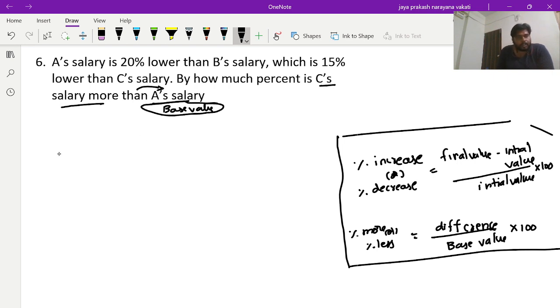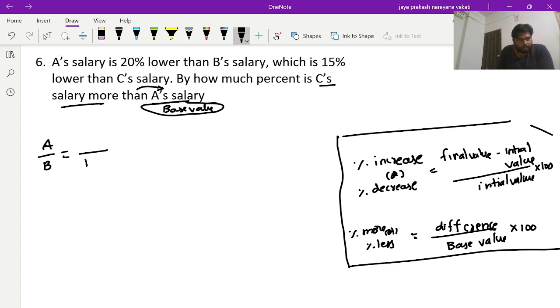A's salary is dependent on B, and B's salary is dependent on C. We can solve this problem in this way. Let's take the A to B salary ratio first.